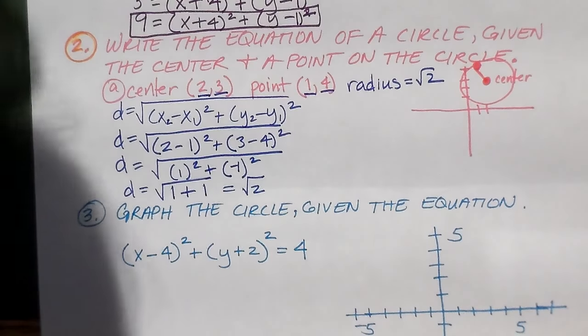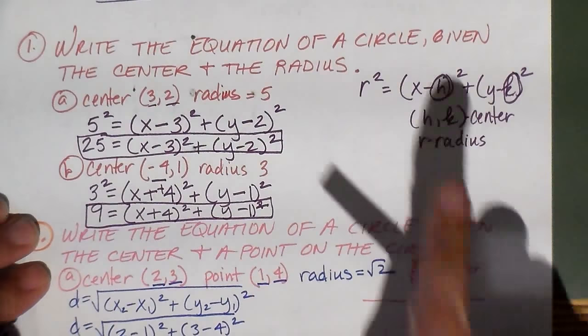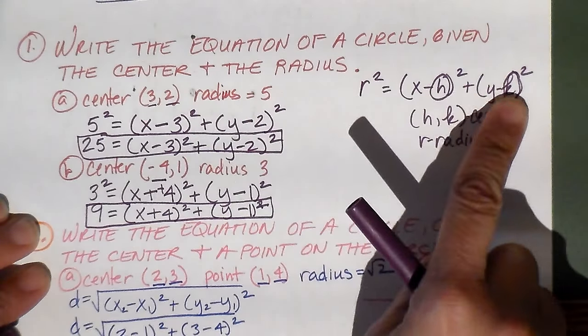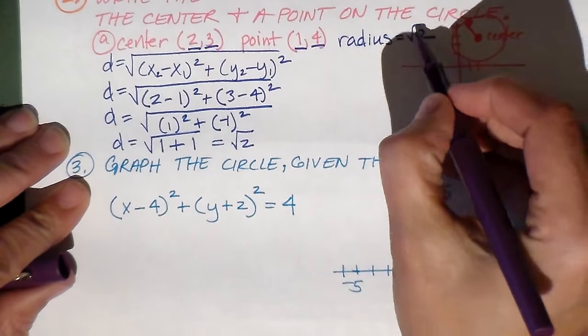So how do I write this nasty equation? Well, look back up here. The equation of the circle, radius squared equals x minus h squared plus y minus k squared. So what's my radius? Square root of 2.